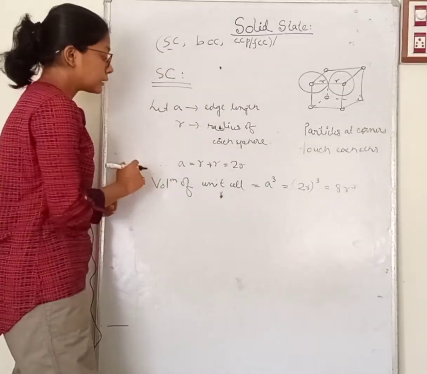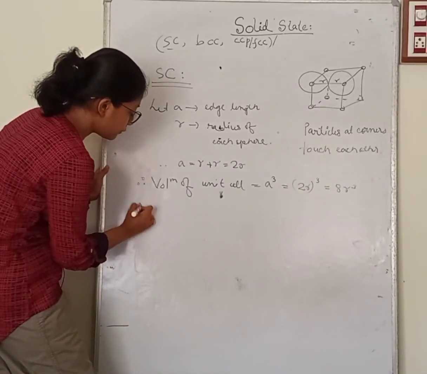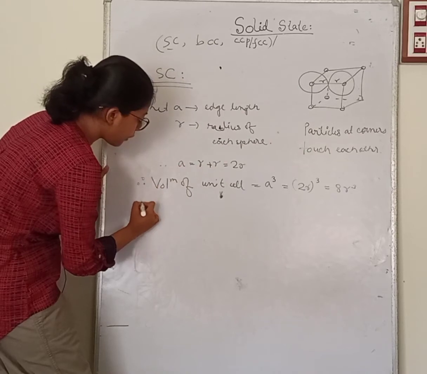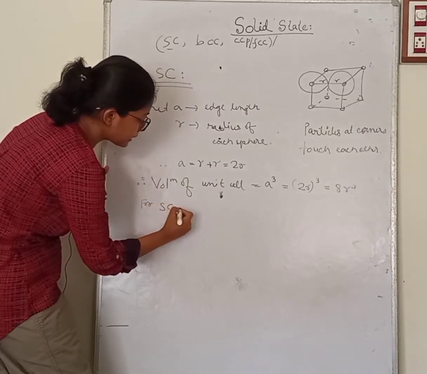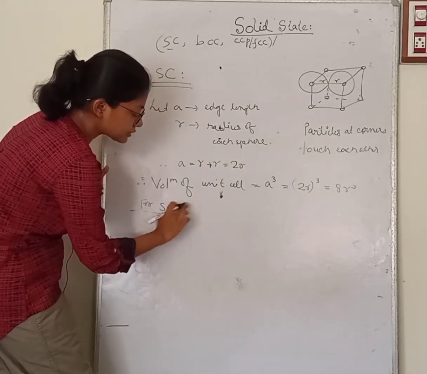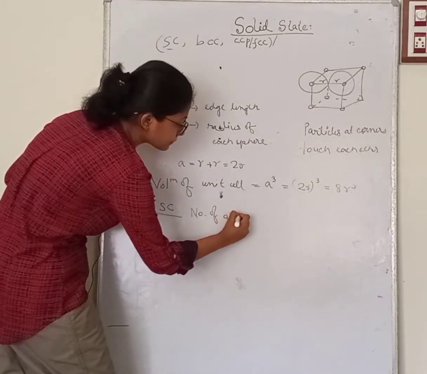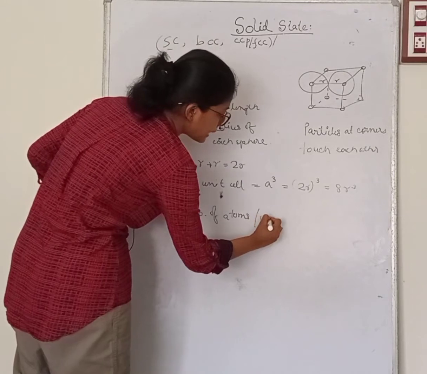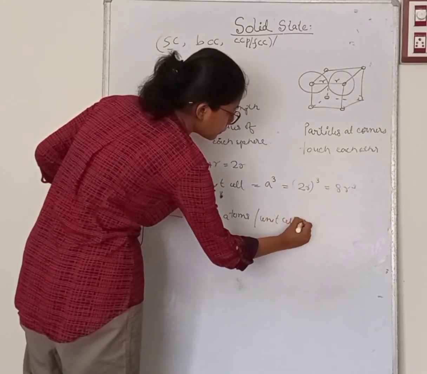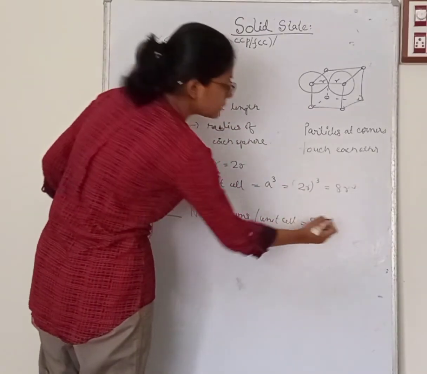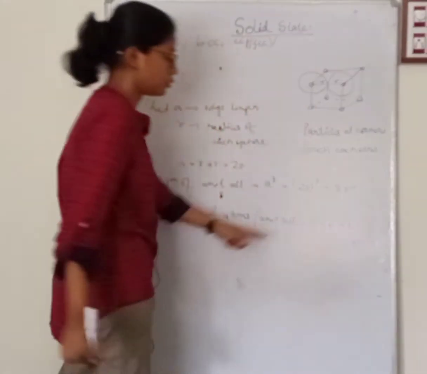Okay. Now we will calculate the volume of these unit cells. So for the simple cubic structure, the number of atoms per unit cell: 8 atoms at corners, each contributing 1/8 to the unit cell, we will get 1.